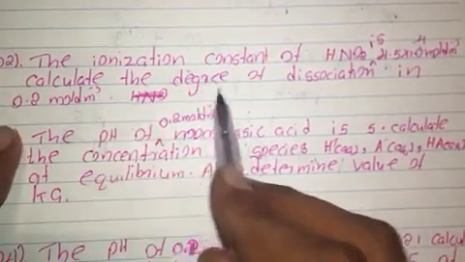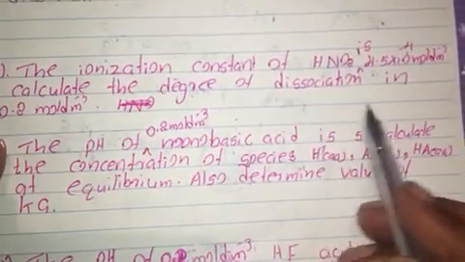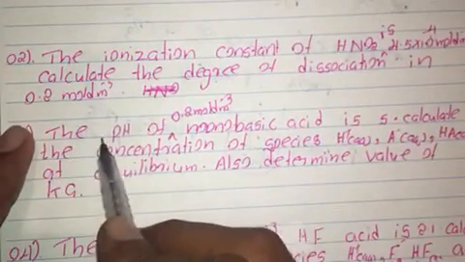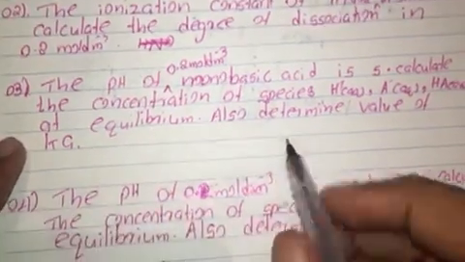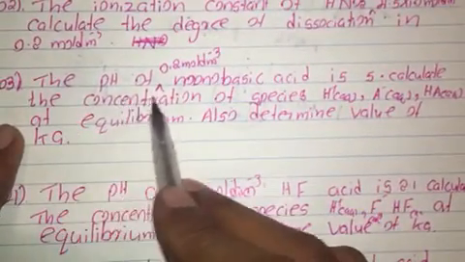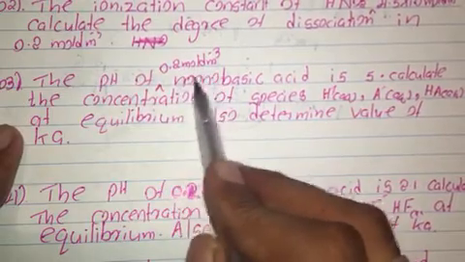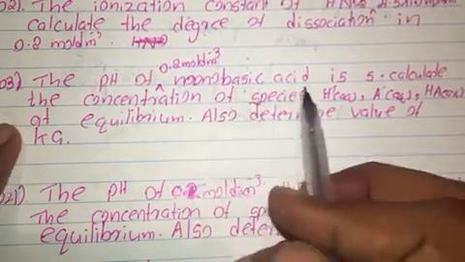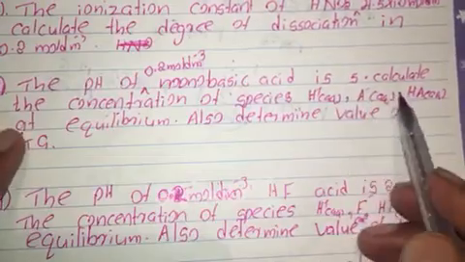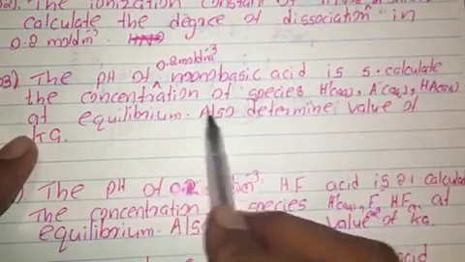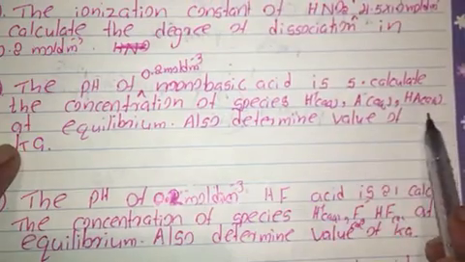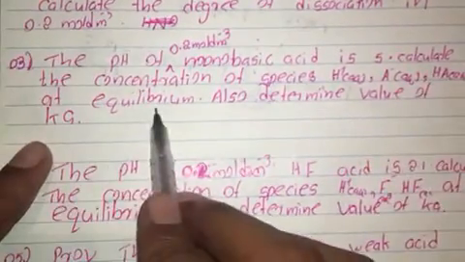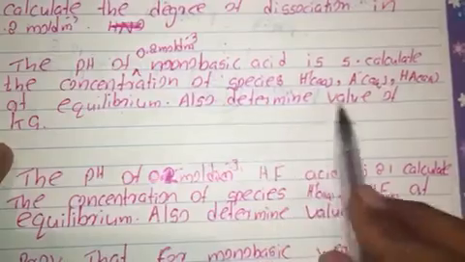Calculate the degree of dissociation in 0.2 mol dm minus 3. Third question: the pH of 0.2 mol dm minus 3 monobasic acid is 5. Calculate the concentration of species H plus, A minus and HA at equilibrium. Also determine the value of Ka.